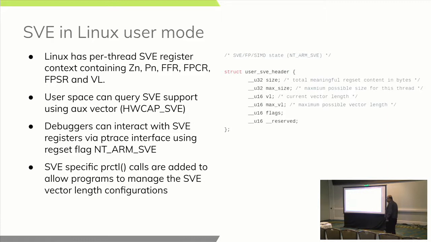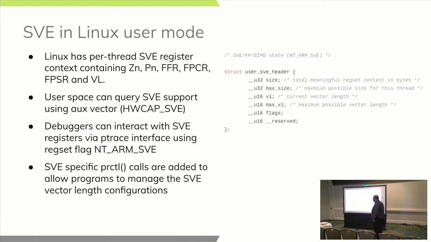So open source communities have been pushing support into Linux to allow user applications to use SVE capabilities, as well as pushing support into the ptrace interface so that hardware can support the debuggability of SVE applications.